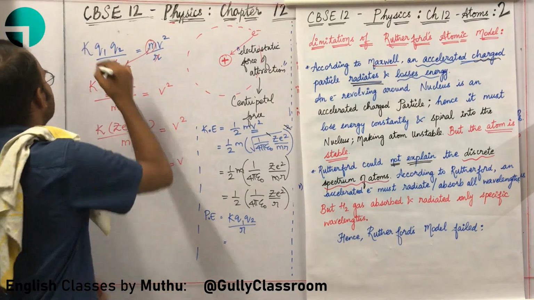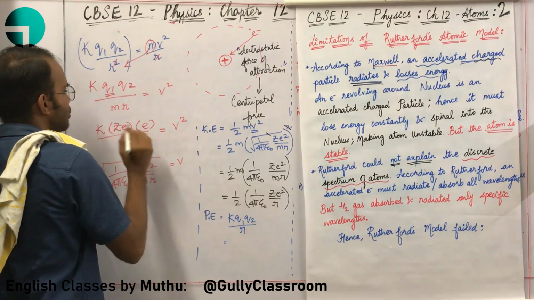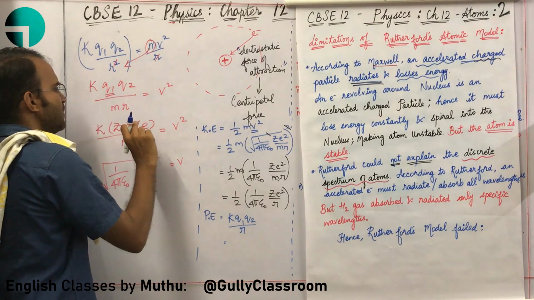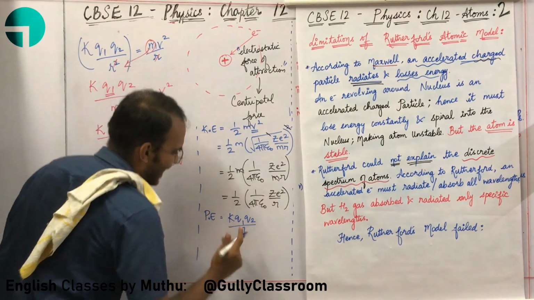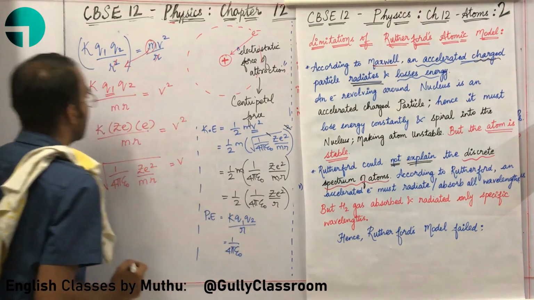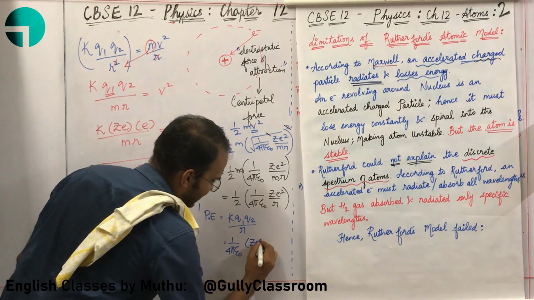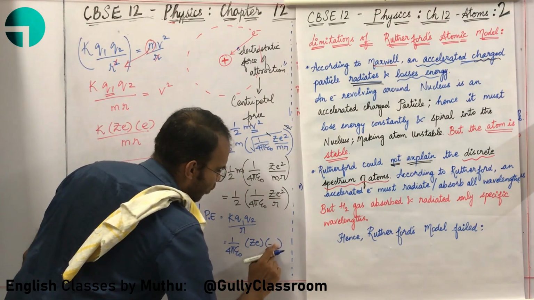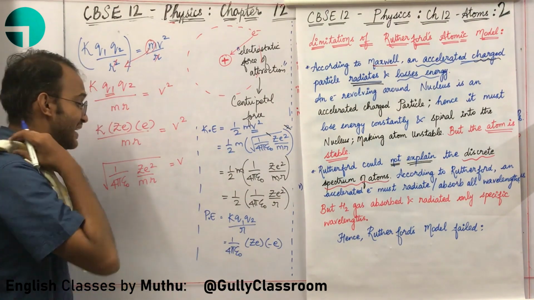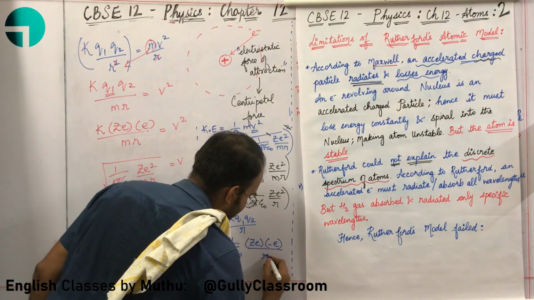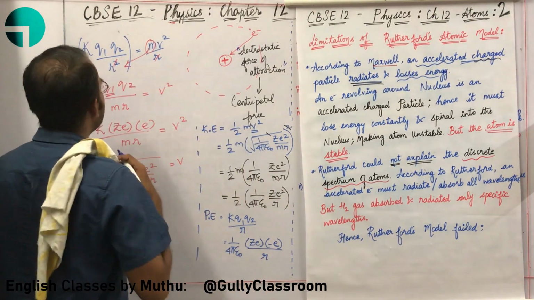When calculating Coulomb's force, you need not use symbols; you can simply put e for the electron. But while calculating here, what is the value of K? 1 by 4 pi epsilon naught. What is Q1? Q1 is Ze. Here I need to use minus e. When calculating potential energy, I will substitute the charges with symbols, whole divided by R.